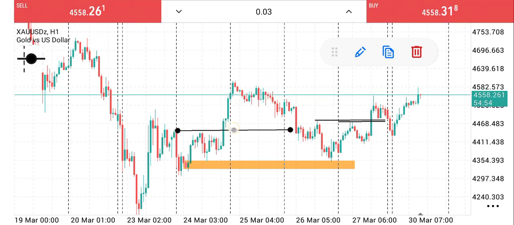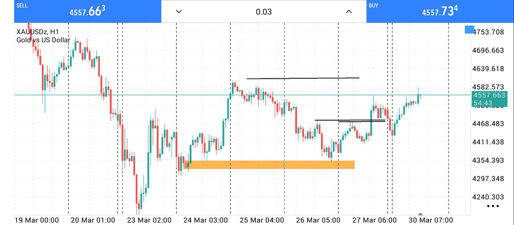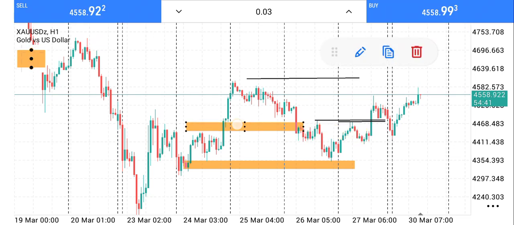Then the third rule says that the point of interest must be unmitigated. We have different POIs here. We have this first POI, which is unmitigated.